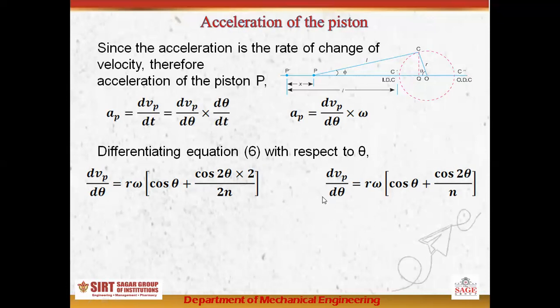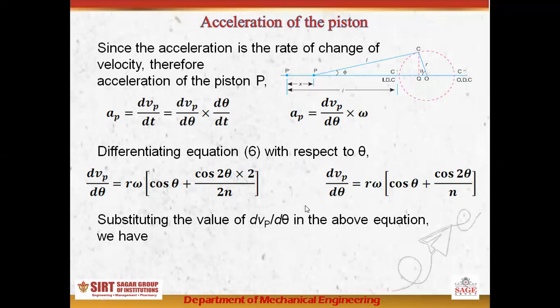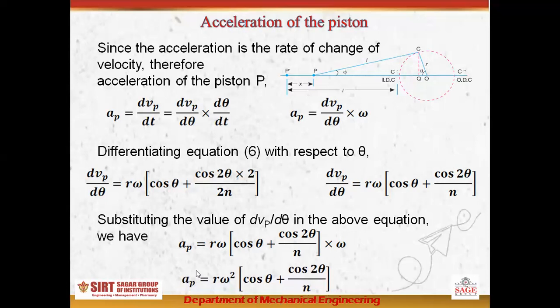Substituting this in the equation of acceleration of the piston, we get Ap is equal to r omega (cos theta plus cos 2 theta upon n) into omega, and finally, multiplying by omega, Ap is equal to r omega square (cos theta plus cos 2 theta upon n). This is the equation of acceleration of the piston.